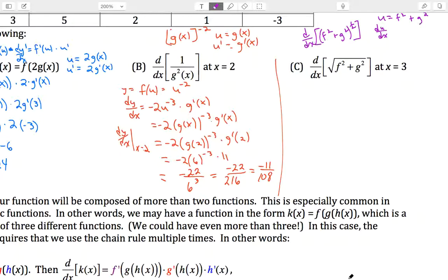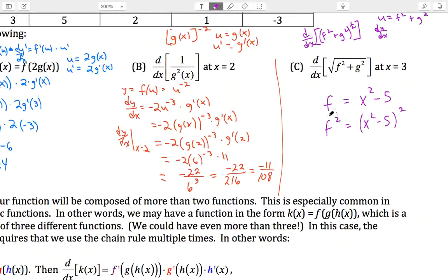So this is f squared of x, and I have to take the derivative of that with respect to x. Let's imagine for a moment that we actually knew what f was. Let's pretend that f is x squared minus 5. Then f squared would be what? x squared minus 5, squared.